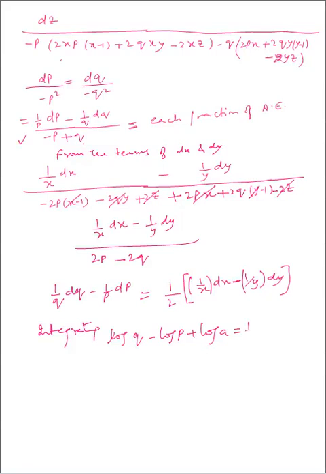So this becomes 1 by 2 log x minus log y. So we can say this is x upon y to the power half is equal to, we multiply a, q upon p.